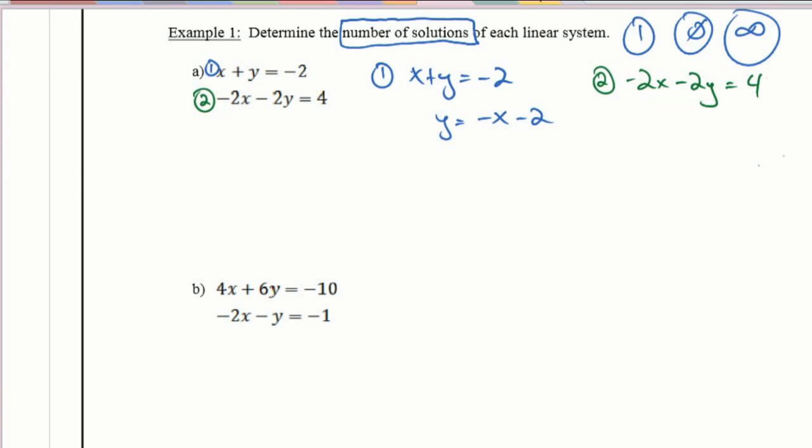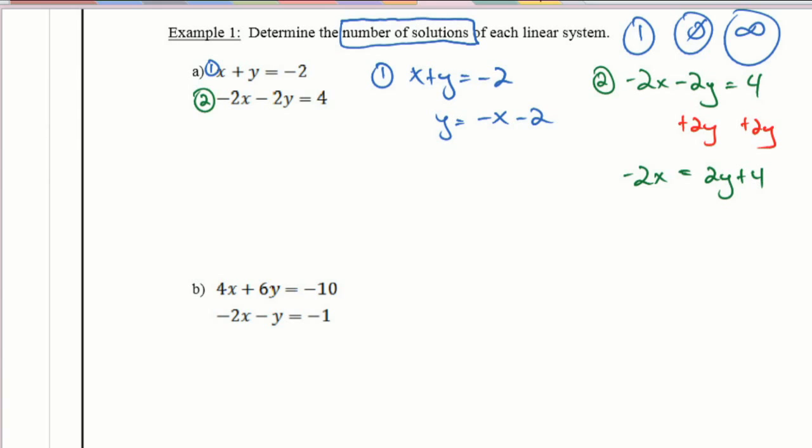I'm going to move my y to the other side to make it positive on the other side. So I'm going to add 2y to both sides. Then I'm going to move the 4 over after. So I have negative 2x is equal to 2y plus 4.